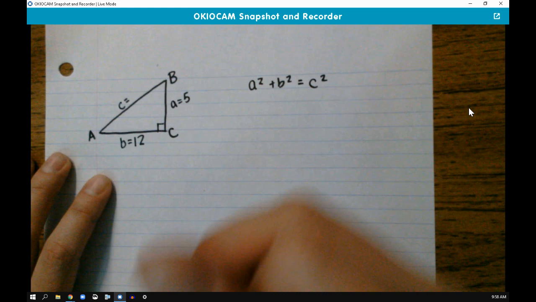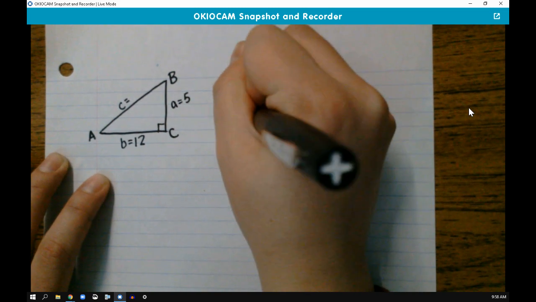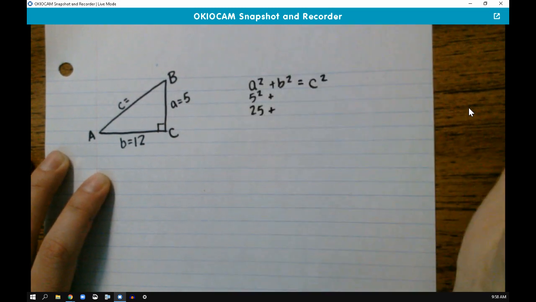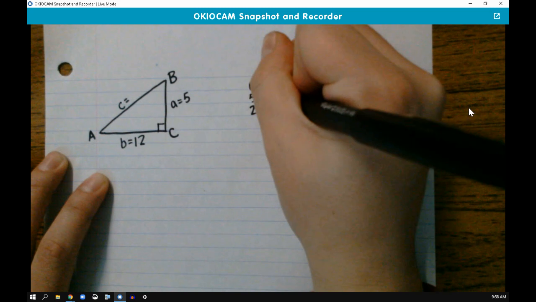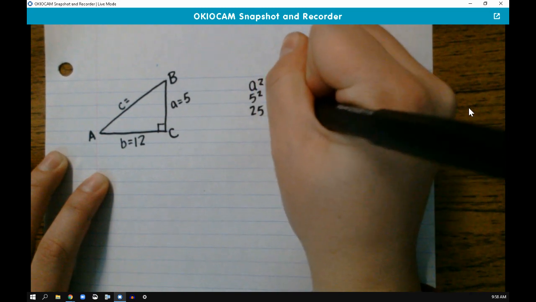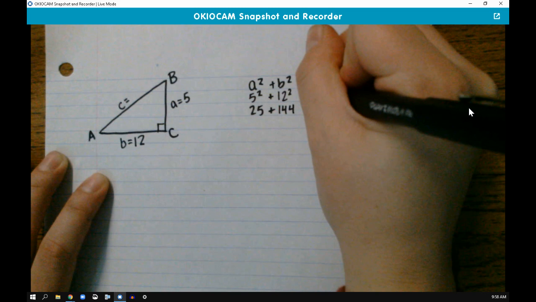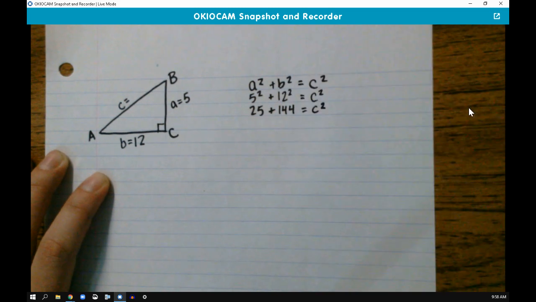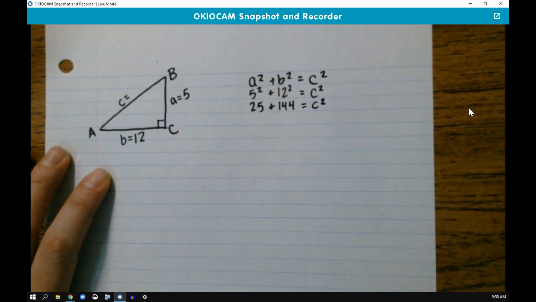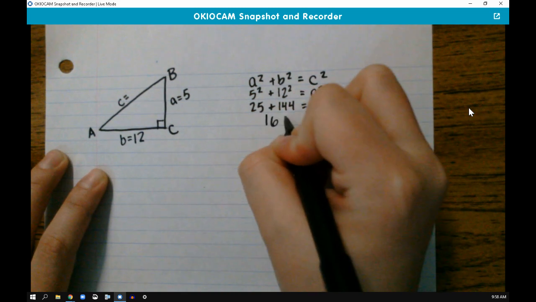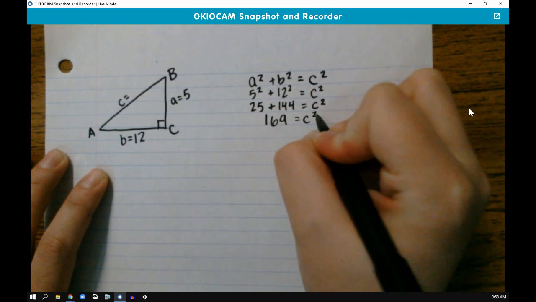A squared would be 5 squared, so that would be 25. B squared would be 12 squared, so that would be 144. 25 plus 144 is 169. So 169 equals C squared.